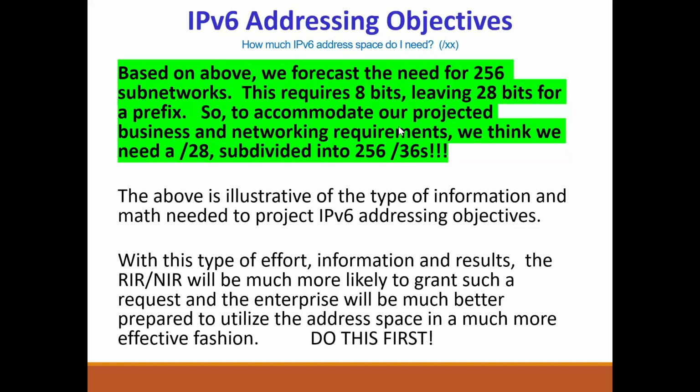But if you're willing to go through this hardship and pain, the final comment at the bottom there is, if you go through this type of effort and get these types of results, the RIR that you're going to request this address space from will be much more likely to grant you your request, and you will be much better positioned to use it if and when you do get it. So this is some of the reasons why I say, again, do this first.